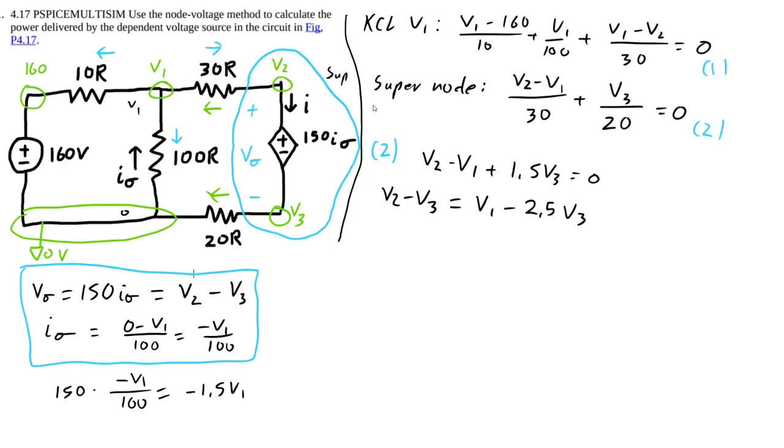So I'm going to plug that in over there. 1.5 V1 equals V1 minus 2.5 V3. We're going to pull the V1 to the other side. So negative 2.5 V1. Then divide by the negative 2.5 on the other side.